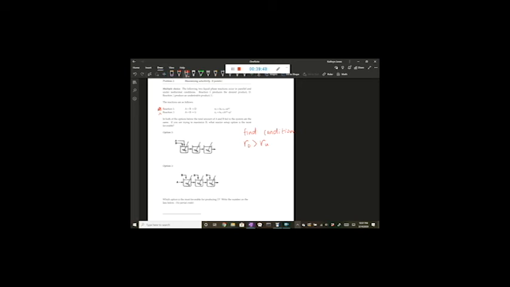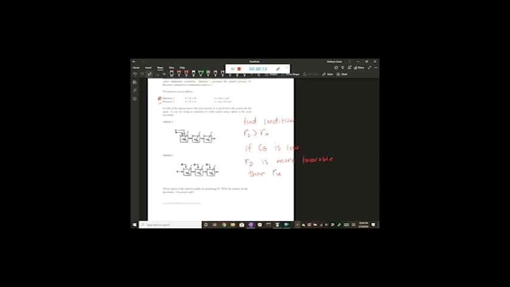So, because of that, we are looking for a system where the concentration of B remains lower, because if the concentration of B is lower, R of D is more favorable than R of U. Based on that information, we know that option 2 will give us more desirable product.